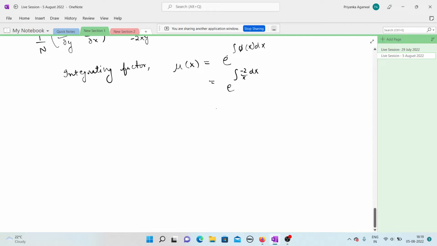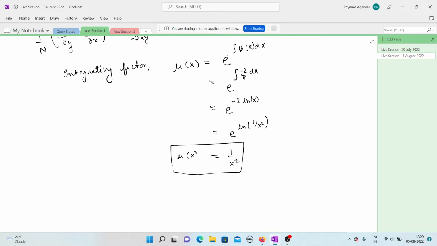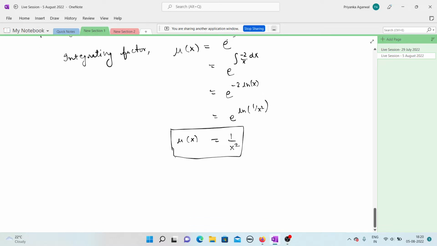So this will become e to the power minus 2 log of x, and so the integrating factor in this case comes out to be 1 by x square.